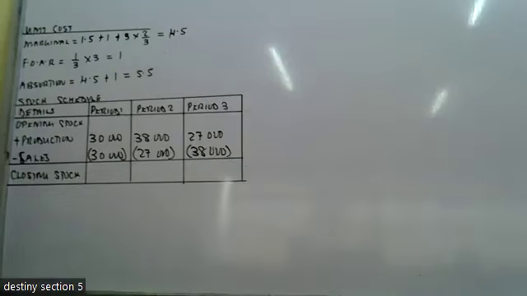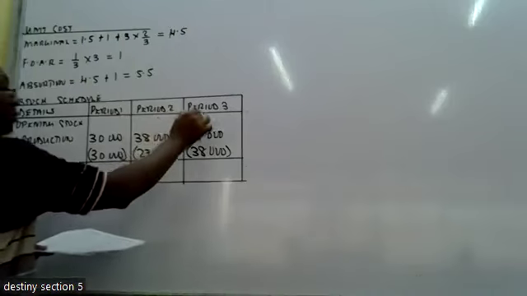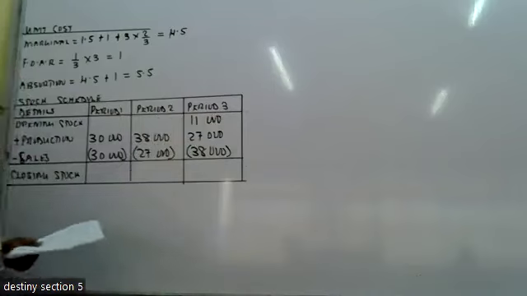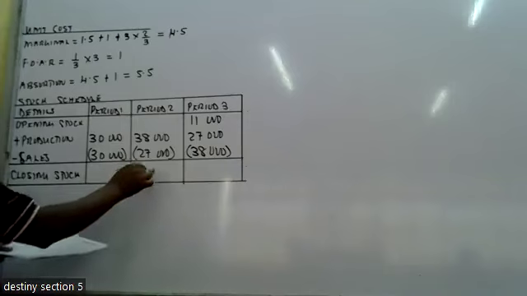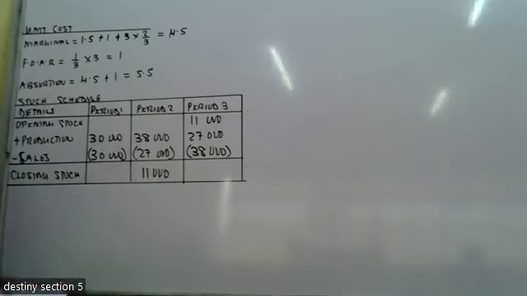The opening stock for period 3 we have been given 11,000. And the closing stock for period 2, we have been told it is 11,000.